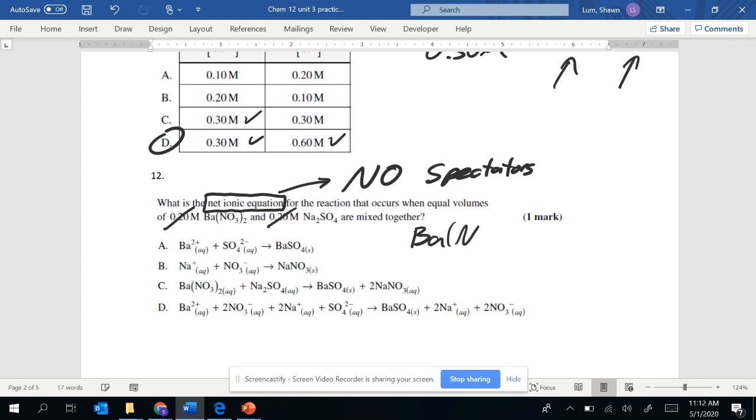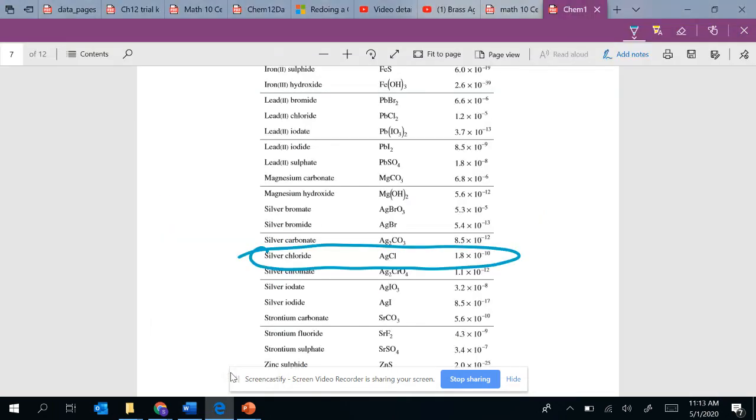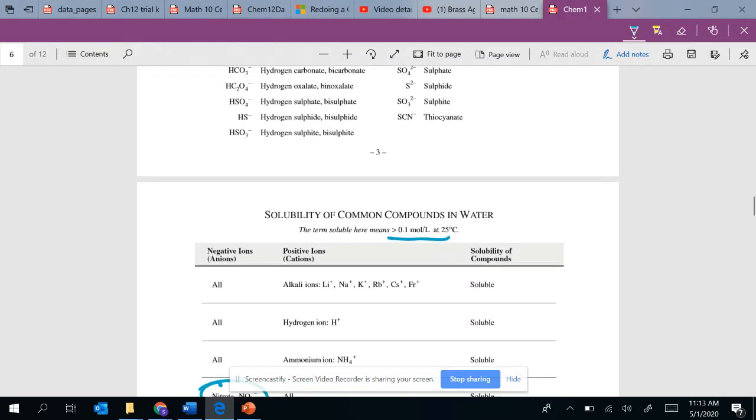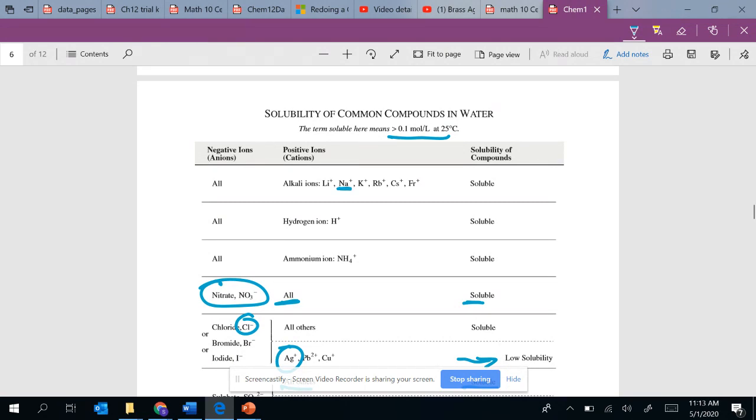Ba(NO3)2 plus Na2SO4. So right away, we talked about how Na is almost always used as a carrier ion or a spectator ion to carry something in there, and we know that because Na combined with everything is soluble.